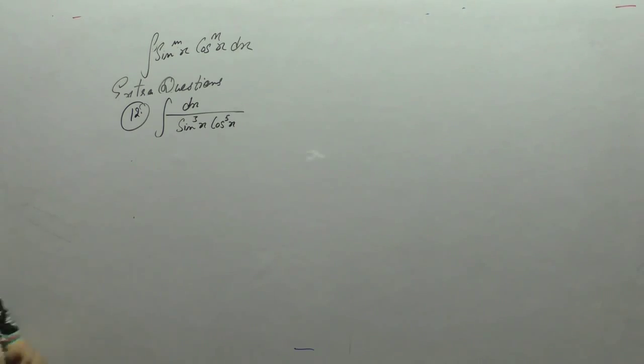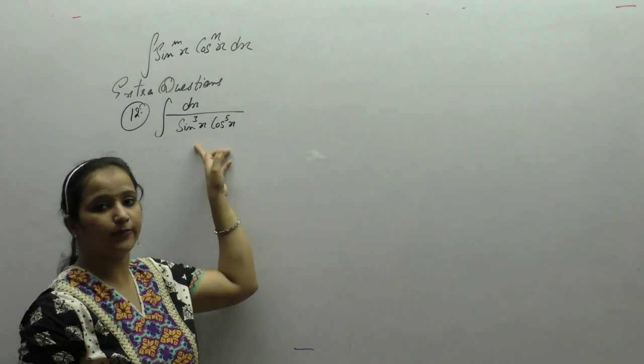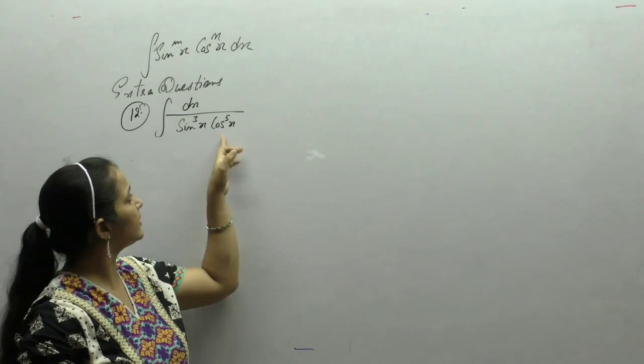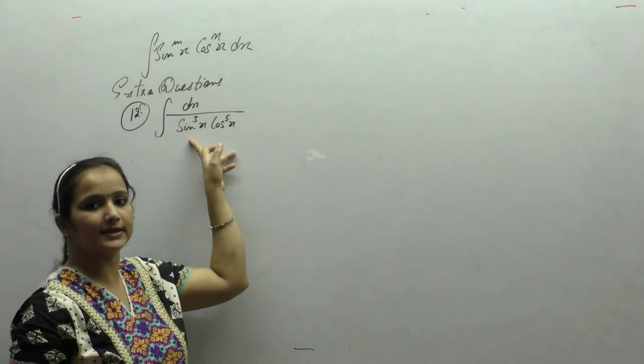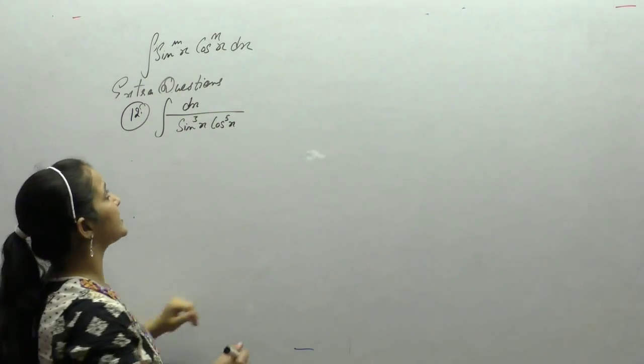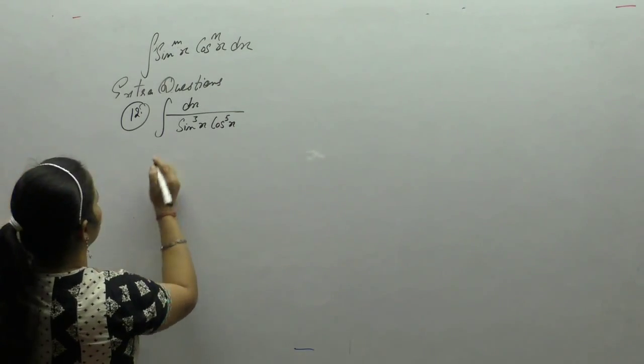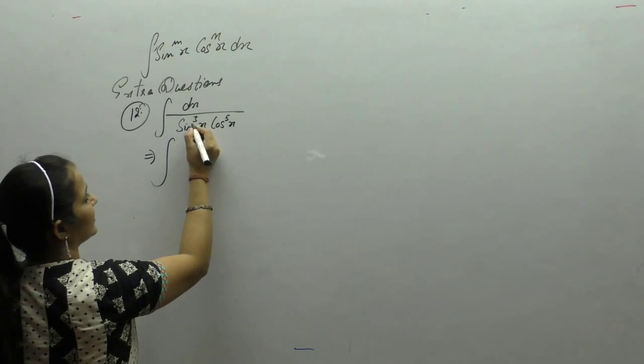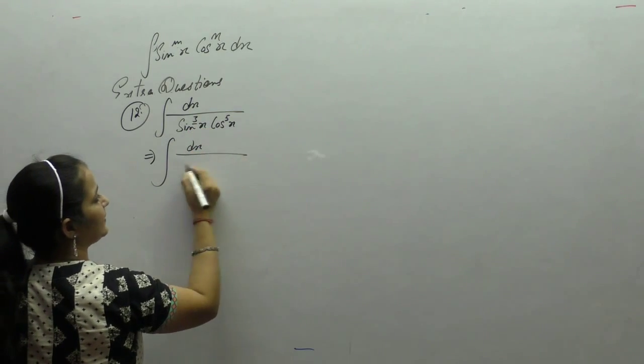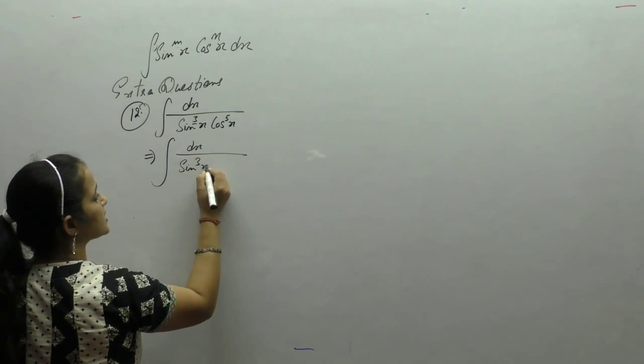What will we do in this question? We have powers of sine and cos. If we add m plus n, that is minus 8. And m plus n power is negative. So we divide. Sine power is 3, so we divide and multiply it by cos cube x.